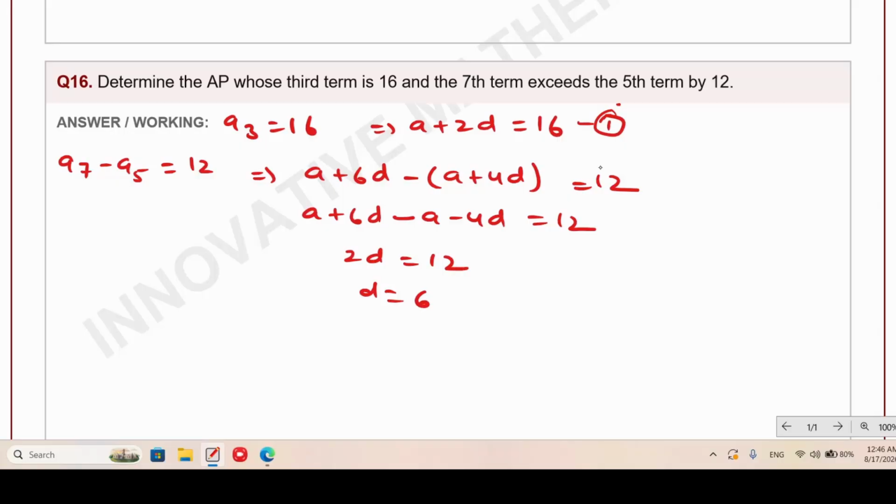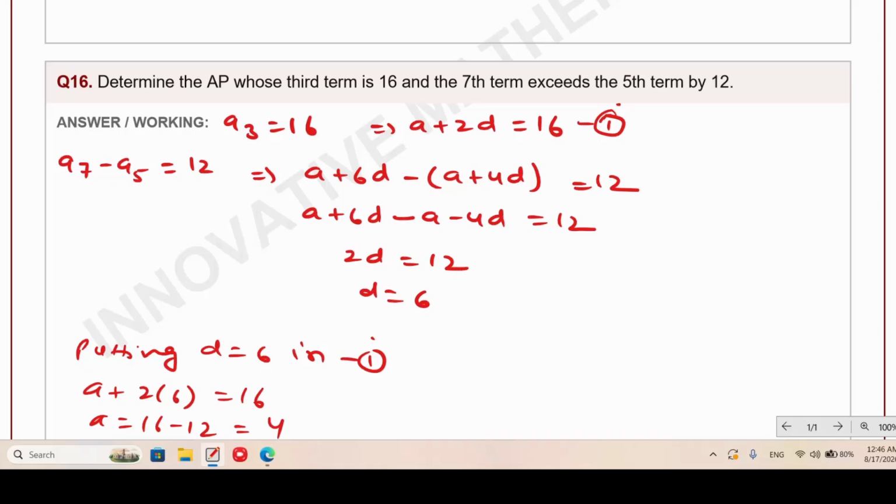So when D is equals to 6, putting D is equals to 6 in equation 1, A plus 2 into 6 equals to 16. So A is equals to 16 minus 12 equals to 4. Okay.